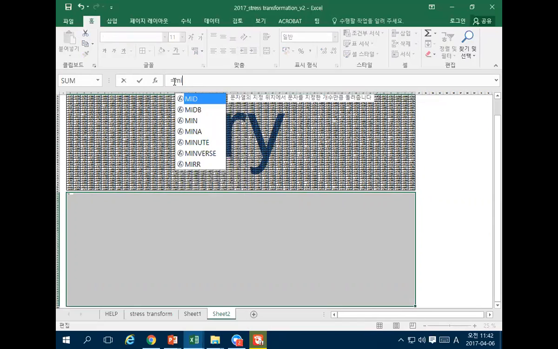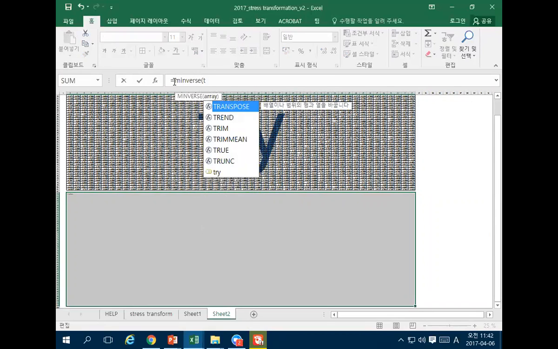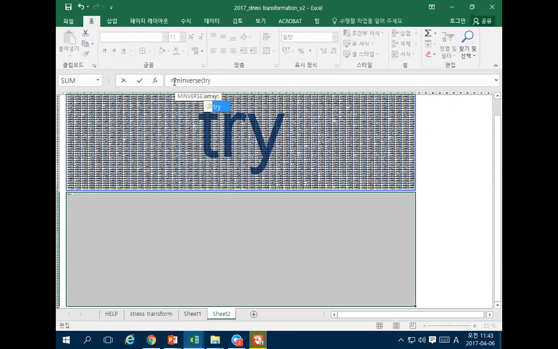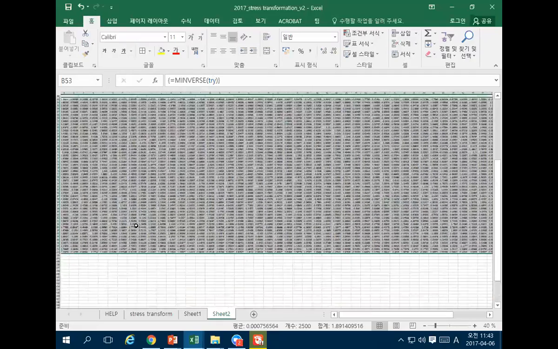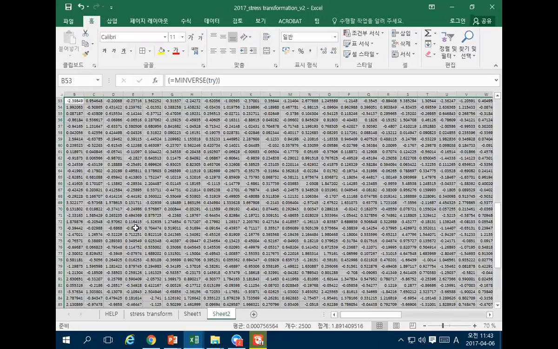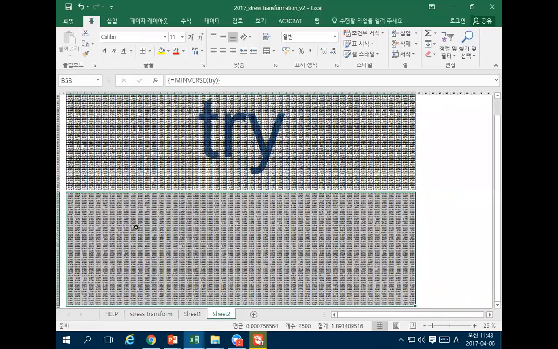M 인버스, 괄호 열고 닫고 괄호 열고 try 하고요. 매트릭스 네임 쓰고, 여러분들이 못 보지만 Shift하고 컨트롤 키를 누르고 엔터를 쳐야 돼요. 그냥 엔터 치면 안 돼요. 어쨌든 이게 위 매트릭스의 인버스예요. 지금 50 by 50만 했지만 100 by 100, 200 by 200 no problem.